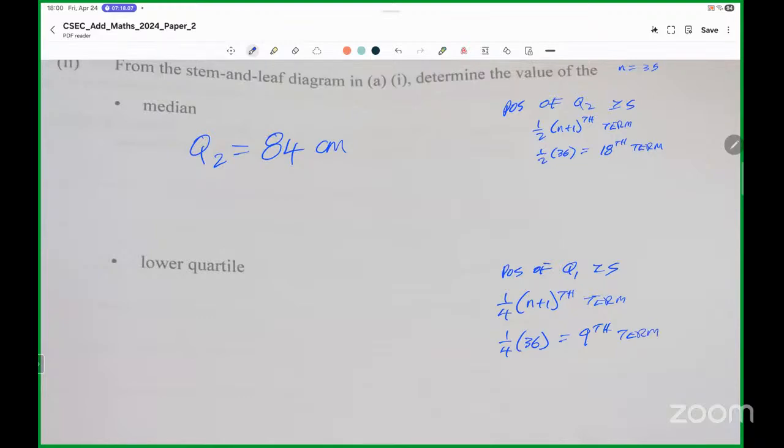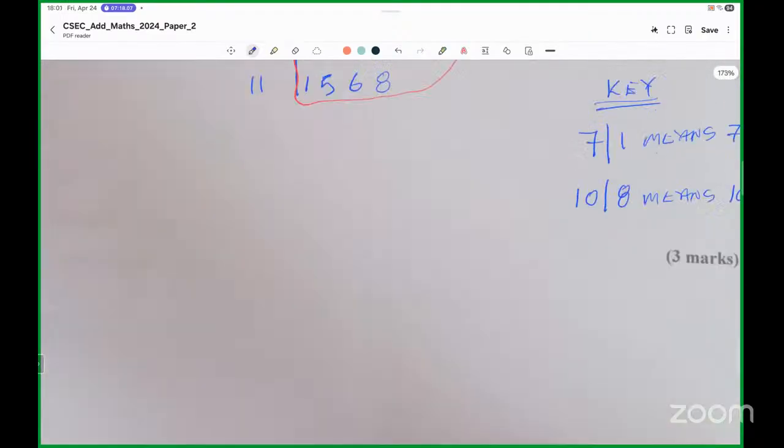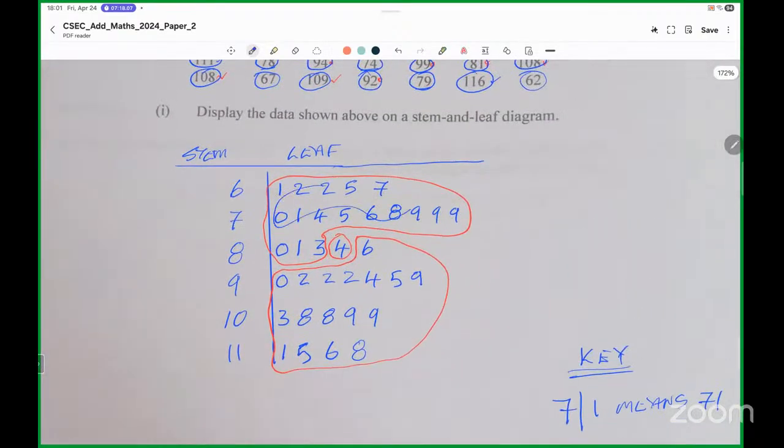So let me show you the concept, why it is right. The position of Q1 is like going for the median of the bottom half of the data. The bottom half of the data is down here, and that's the top half of the data. So you want the median of the bottom half. Now there are 17 values in there. The median of 17 values is the 9th value.